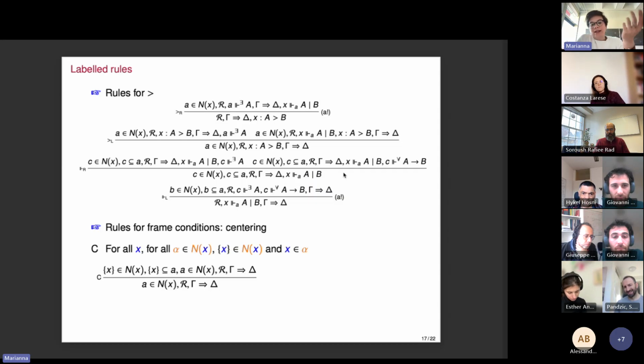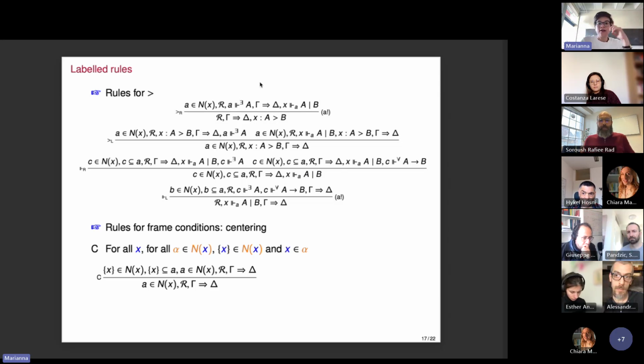And the nice thing is that, similarly to what happened in the case of modal logic, we can easily add rules for frame conditions. So once we define the proof system for PCL, of which this is some, not all, of the rules, then just by adding rules for frame conditions, you will get all of the proof systems in the big lattice that I showed before.